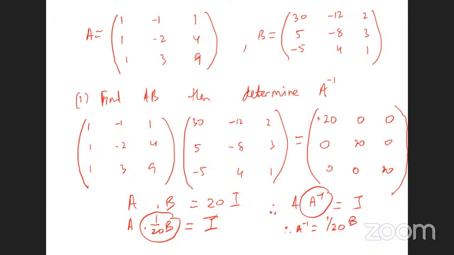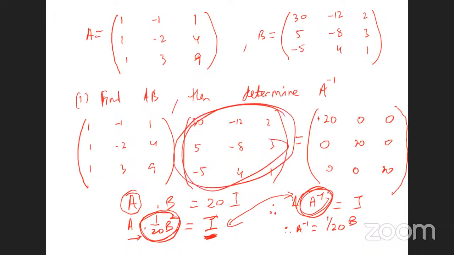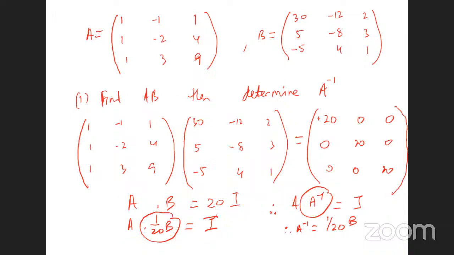So why only 1 on 20 B? Because remember, A by this 1 on 20 B is what is giving you I. So based on the rule A by A inverse is equal to I, if we compare the two of them, then A inverse has to be equal to this part here, which is 1 on 20 B. So this is your B, and 1 on 20 is the determinant. Does that make any sense?